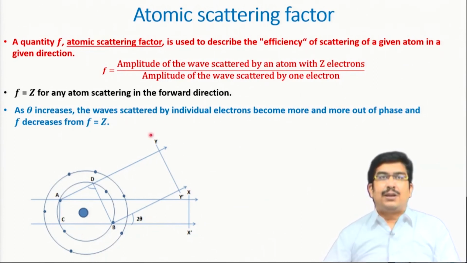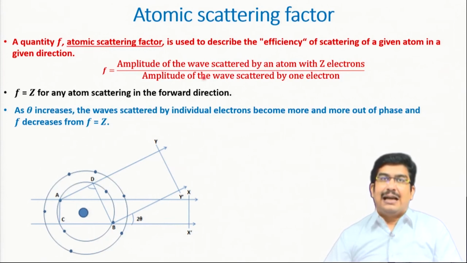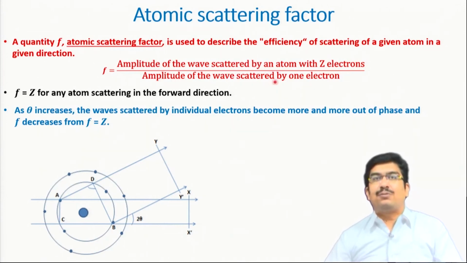And the way we can put this atomic scattering factor is simply as a ratio: the amplitude of the wave scattered by an atom with Z electrons, meaning the atomic number is Z, divided by the amplitude of the wave scattered by one single electron.